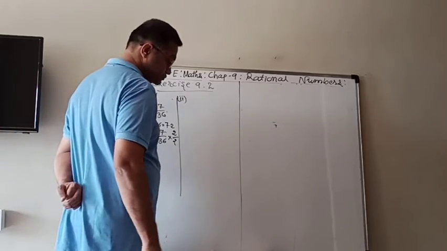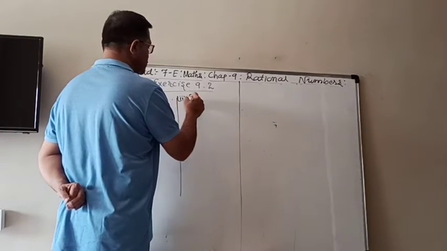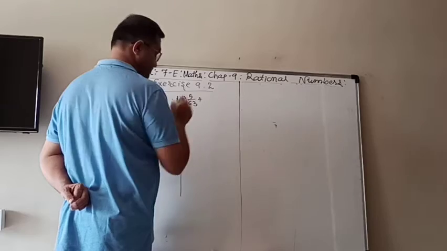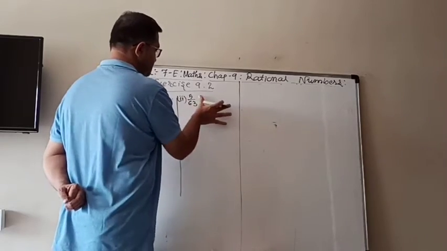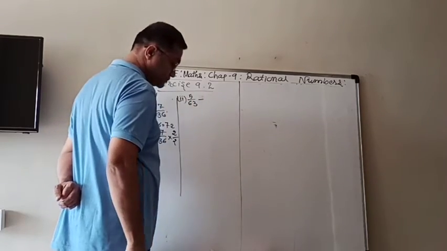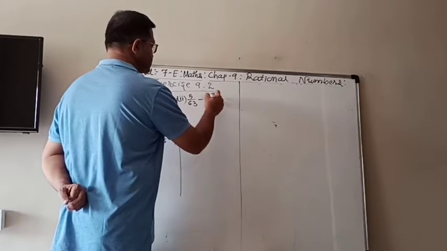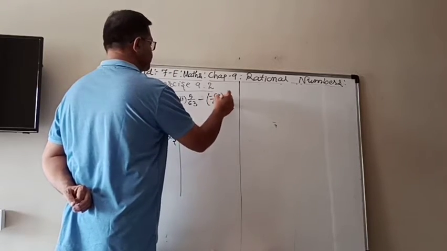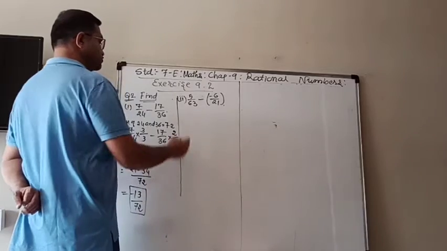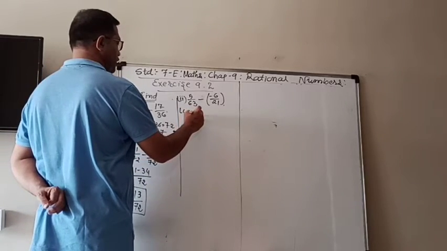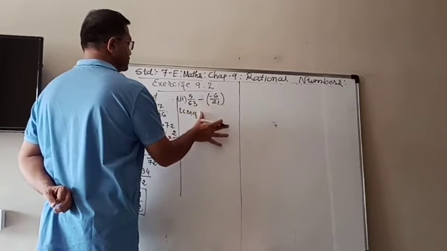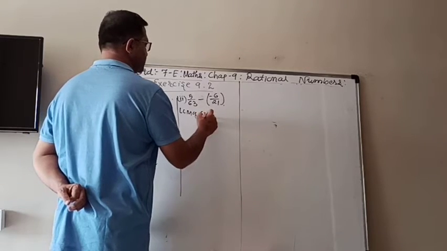Second one is 5 upon 63 plus minus 6 upon 21. So here the LCM of 63 and 21.